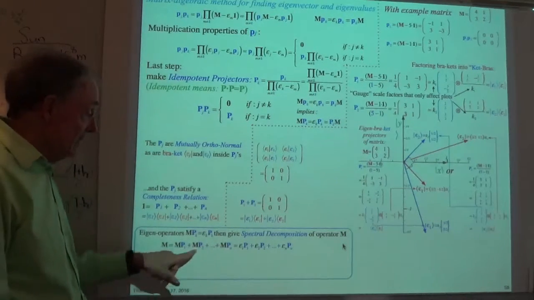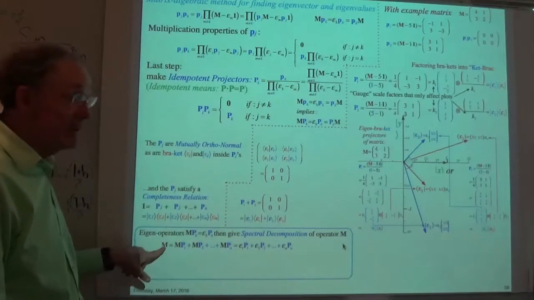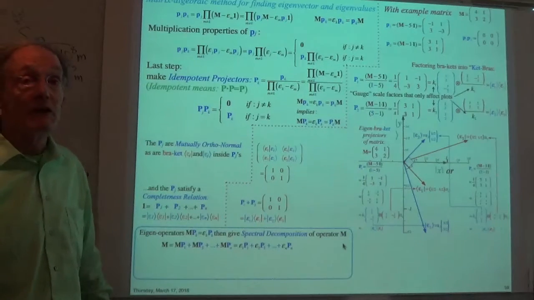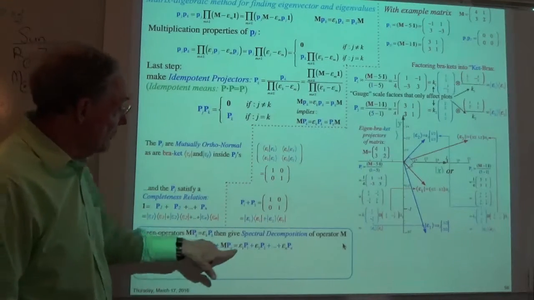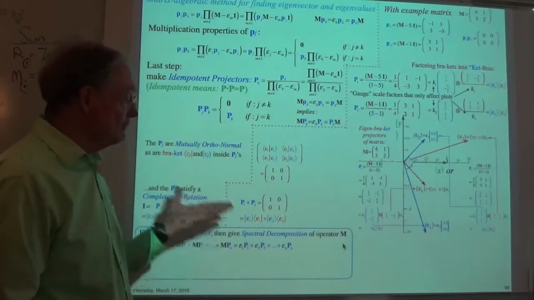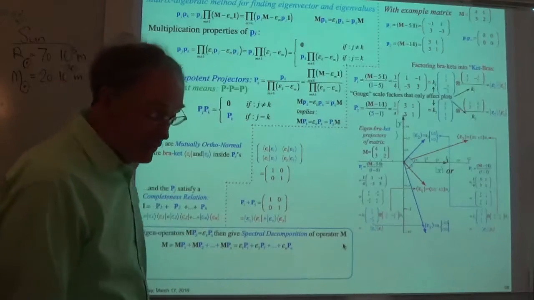I then get an eigenvalue in front of each one of the projection operators. That's called the spectral decomposition of an operator. All of its spectra are displayed with the vectors that contain the eigenvectors. That's so very elegant. But it's also very powerful.